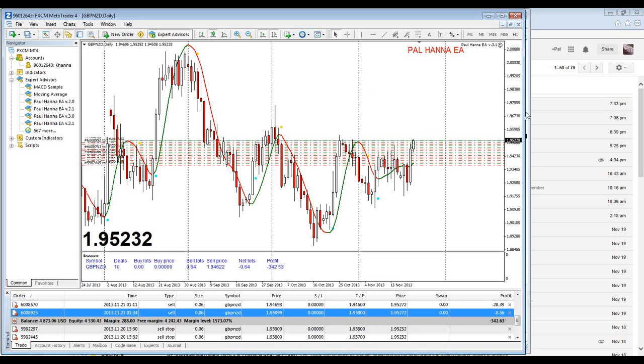Suppose the market is going bullish, the bottom order will always be 200 pips from my current position. Sorry, this is buy on the top, and sell will always maintain the 200 pips gap. So that feature we also have built in.